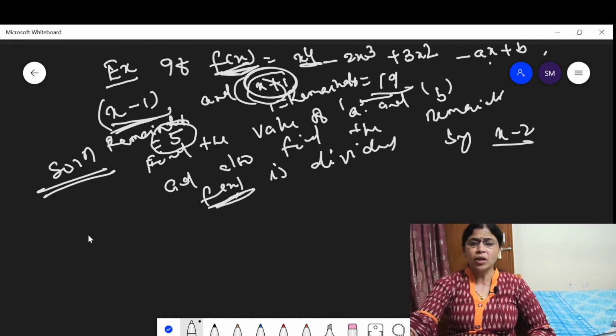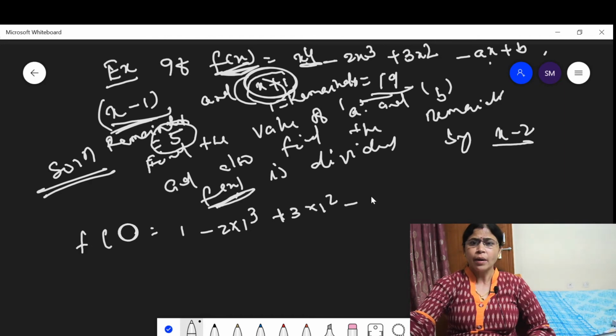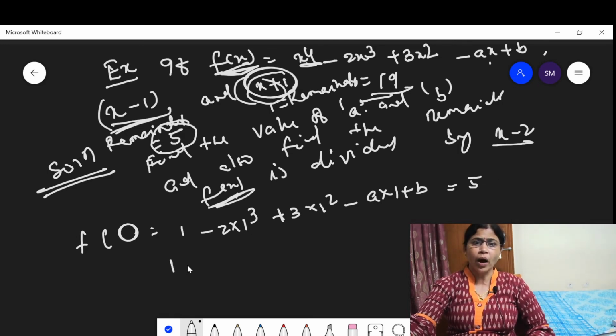Now by applying the remainder theorem, when f(x) is divided by x minus 1, f of 1 is the remainder. F of 1 is 1 minus 2 into 1 cube plus 3 into 1 square minus a into 1 plus b. According to the question this is 5. This means 1 minus 2 plus 3 minus a plus b is equal to 5.